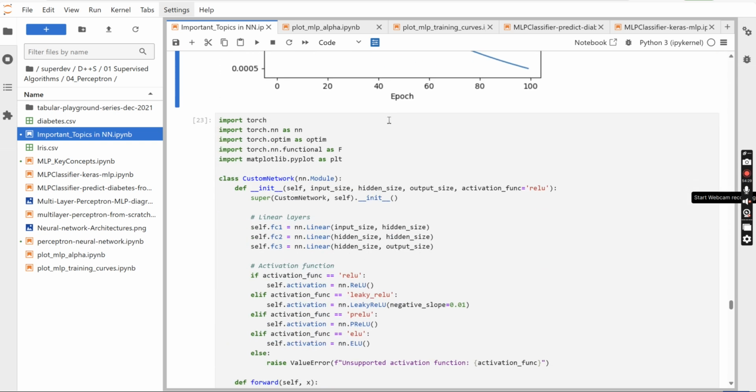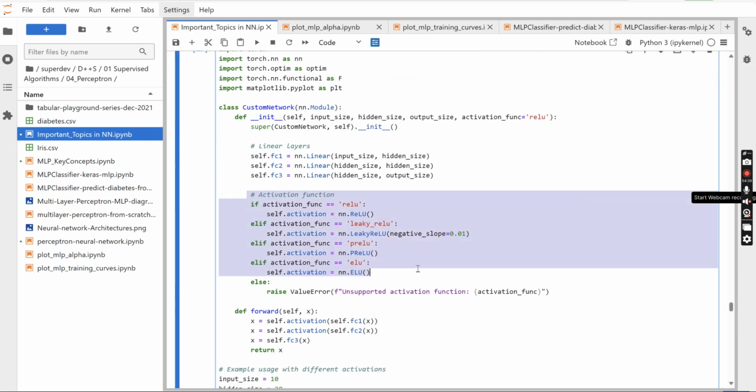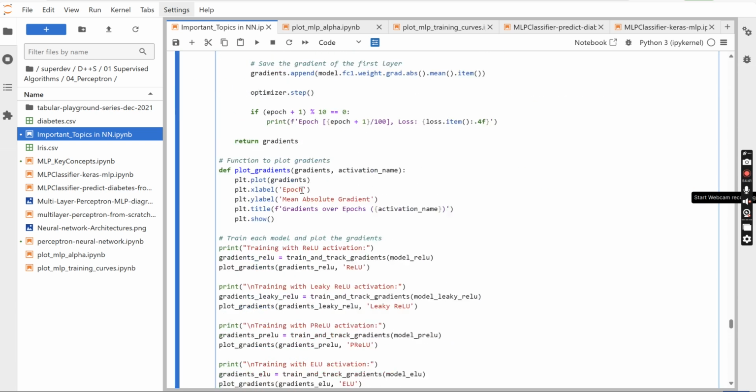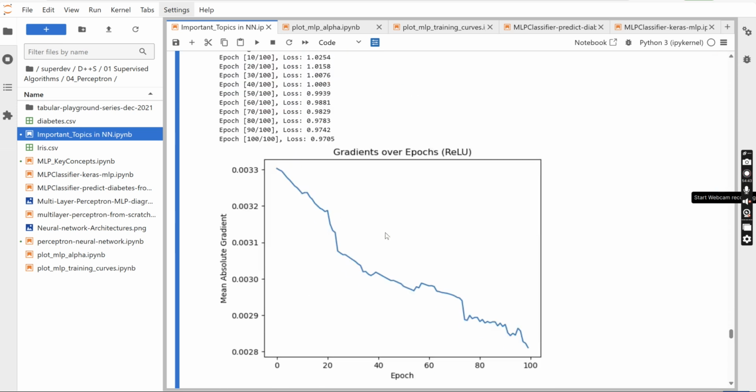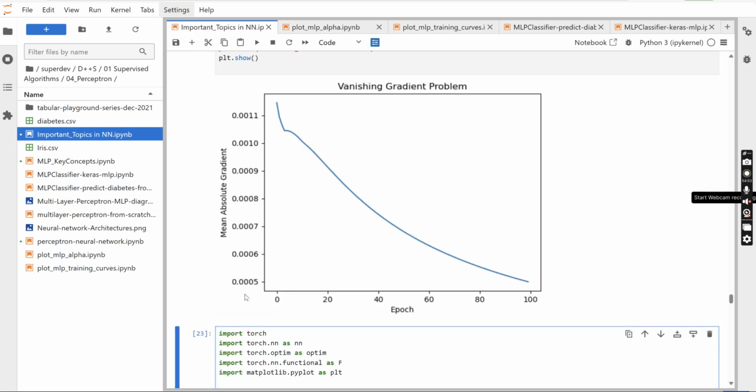The first solution to that is changing the activation function to ReLU, leaky ReLU, PReLU, or ELU. So I have added this additional activation function, and when you run the epochs once again, notice the difference between 33 and 28. It is not big. Here you notice 11 to 5, it is decreasing, although there is not much difference.